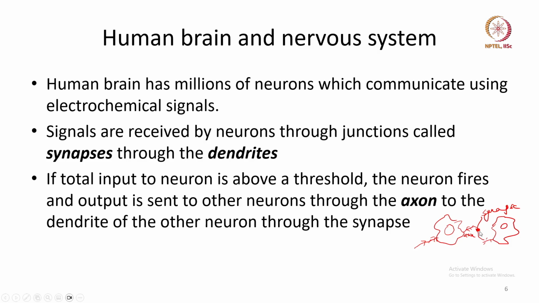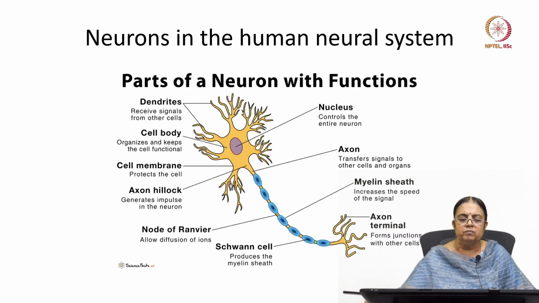So this one actually will fire if the signal is above a certain threshold, otherwise it doesn't fire. Only if it fires you will find the signal going from one neuron to the next neuron through the synapse basically. So this is how a neuron actually looks.